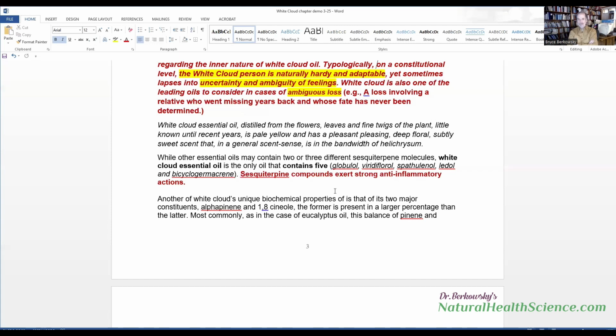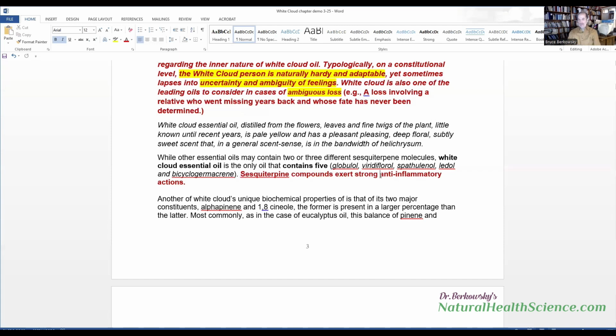But nevertheless, white cloud essential oil is the only oil that contains 5 sesquiterpenes. And sesquiterpene compounds exert strong anti-inflammatory actions. So other essential oils may contain 2 or 3 different sesquiterpene molecules. White cloud contains 5. So what does that highlight to you?